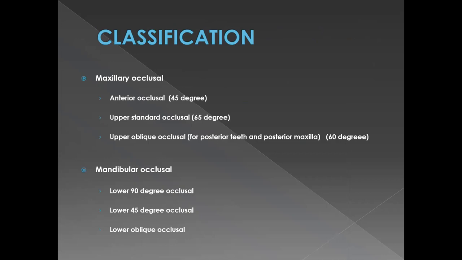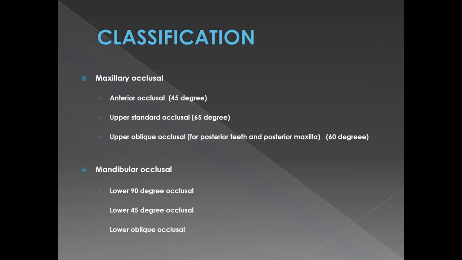All right. So how do we classify occlusal X-rays? They're classified based on which jaw you want to visualize. You have the maxillary occlusal and the mandibular occlusal, each with 3 separate subtypes. For the maxillary occlusal, there is the anterior occlusal, in which you can see the anterior teeth very prominently, and that is taken at 45 degrees.